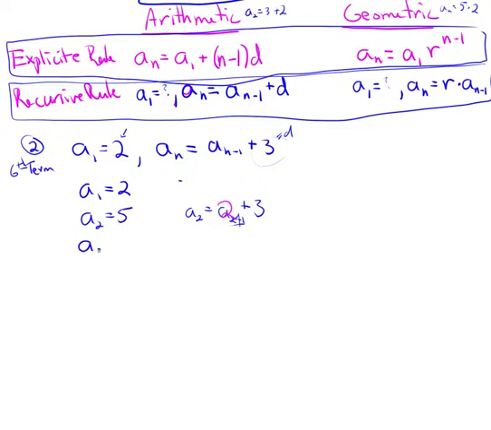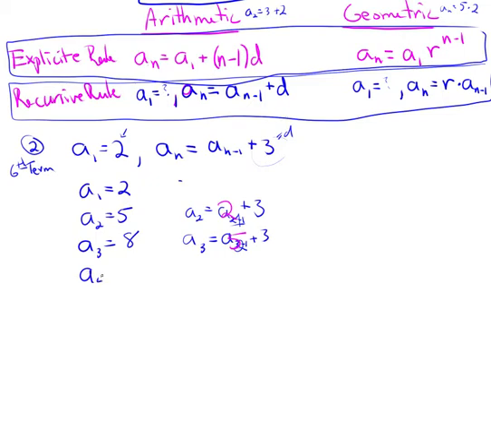So a sub 3, our third term, would be a sub 3 minus 1, which is 2, and the second term was 5, so we'll substitute a 5 in there. 5 plus 3 is 8.